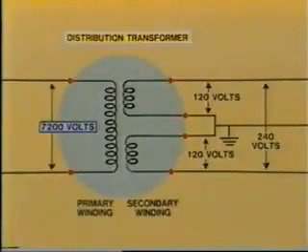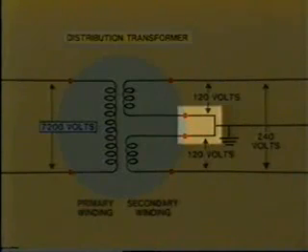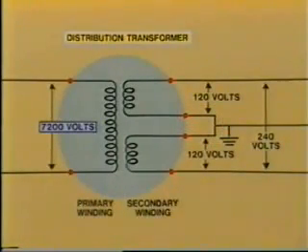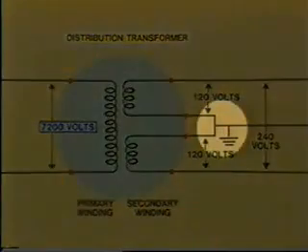On a delta-connected primary system, the transformer would of course be connected line to line. The two secondary windings are connected in series with a center tap to provide the 120 volt service. This center lead is normally grounded.